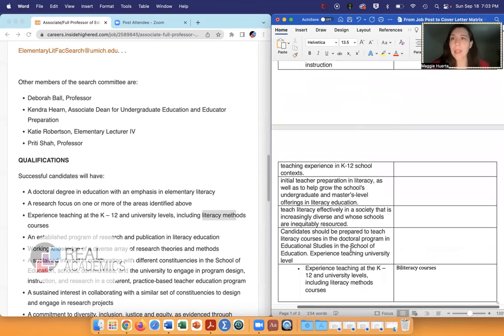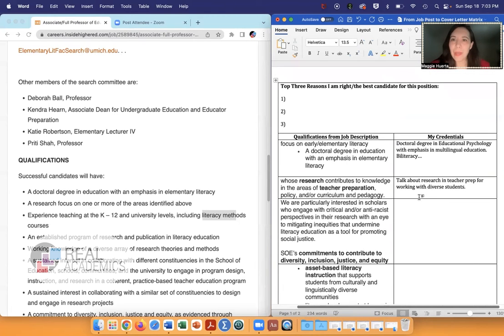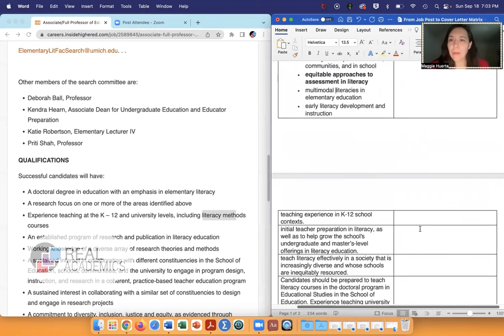Okay. And there are other steps that I will show you, and I have other templates for getting to know the people on your search committee. But I just wanted to show you this for now, and you can just keep filling out the boxes.